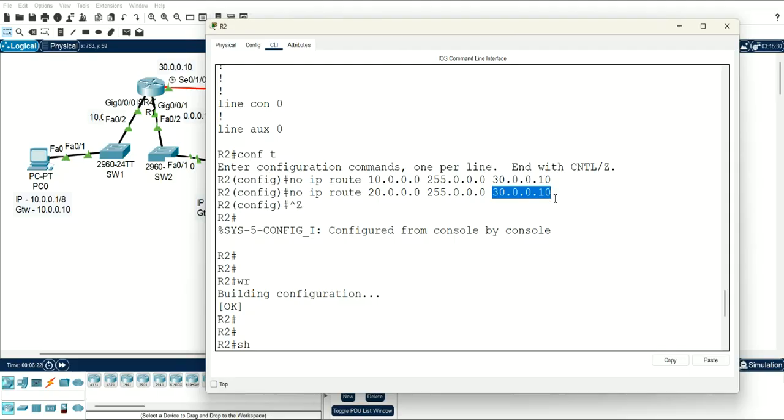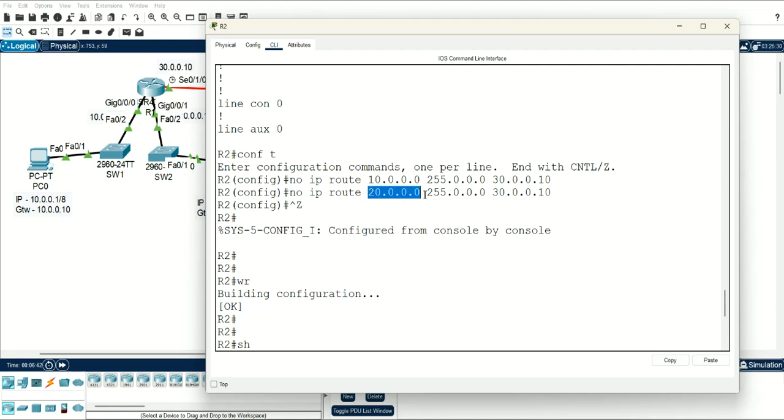What is a stub router? The router which has got only one gateway for all the unknown destinations. In our case, there are 2 unknown destinations. One is 10.0.0.0, another one is 20.0.0.0.